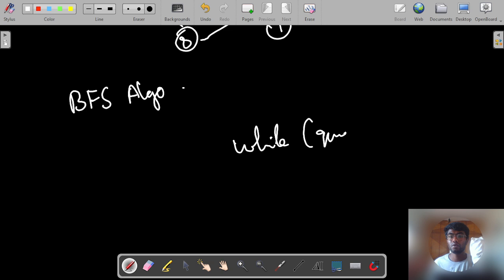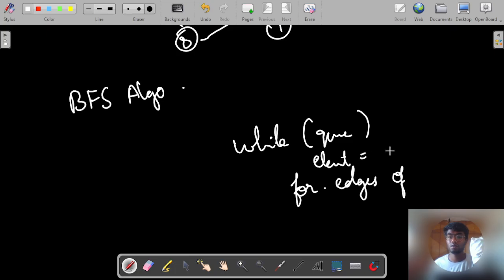If q has an element, then we dequeue it and we go through all the neighboring elements, all the edges of the particular element.